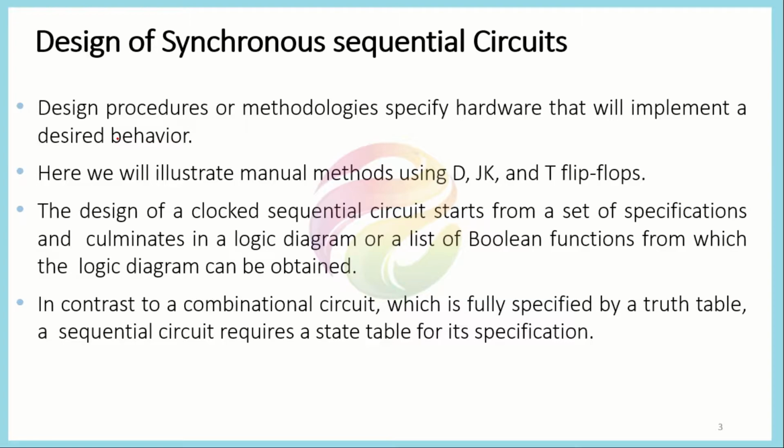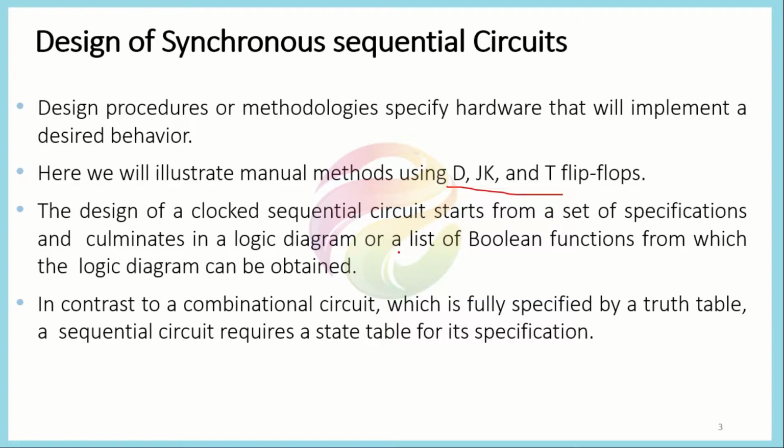That methodology is first represented in the form of a state diagram, then from the state diagram we represent it in the form of a state table, and then from the state table we represent it in the form of a circuit. So we will be following the inverse approach of the analysis section. We will illustrate how we could use the different types of flip-flops, like D flip-flop, JK flip-flop, and T flip-flops, to design a given sequential circuit.